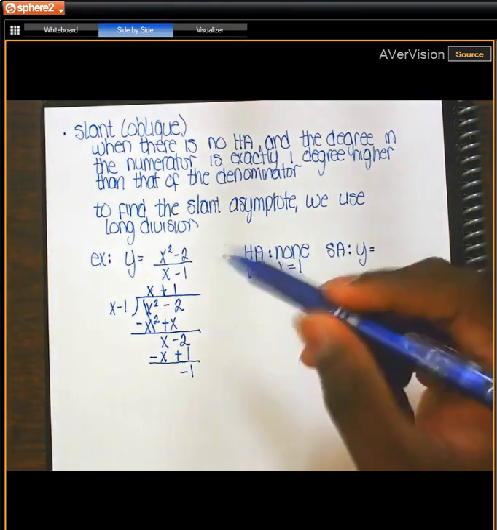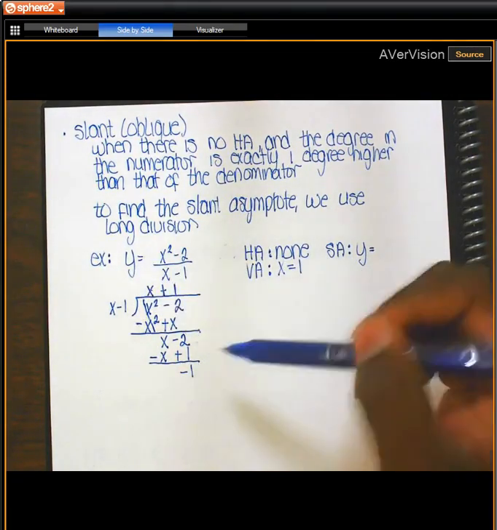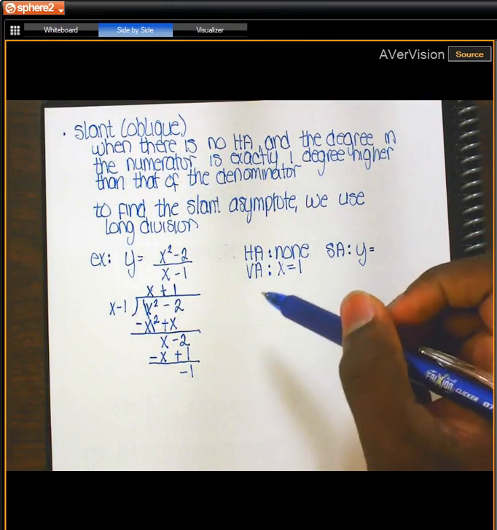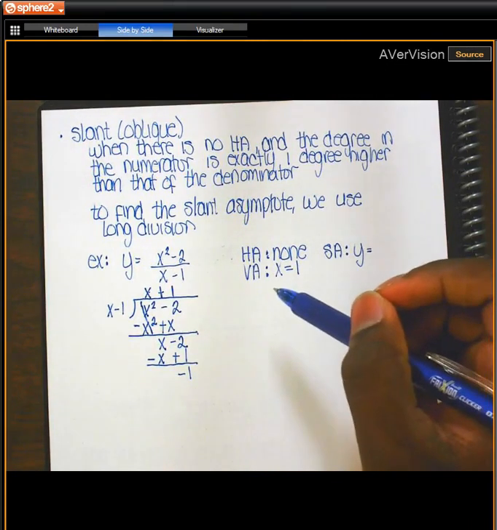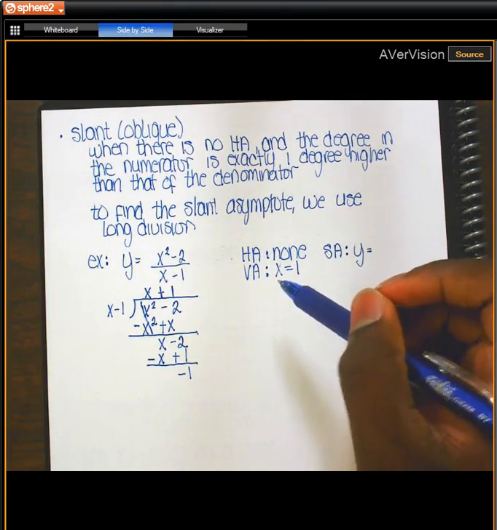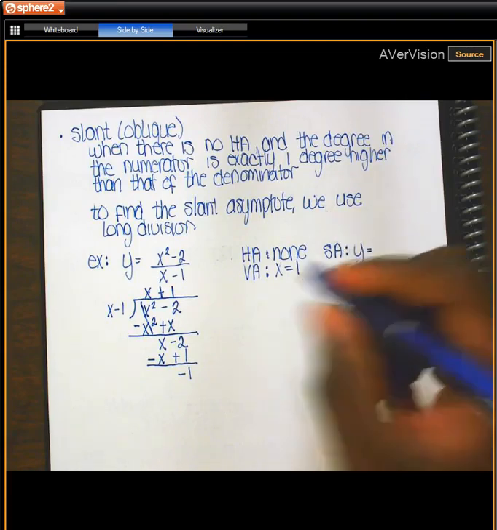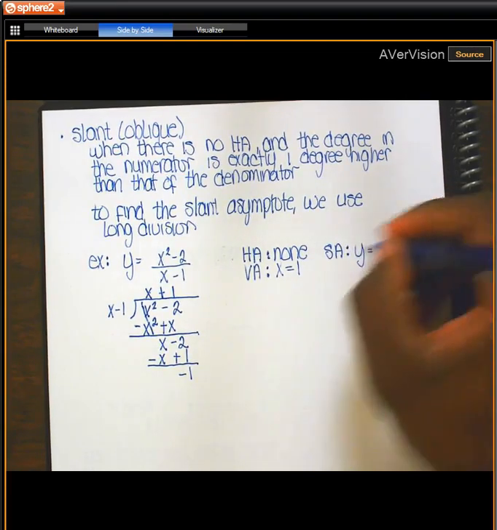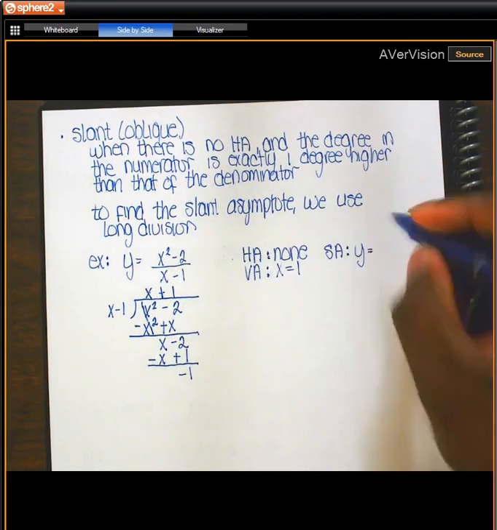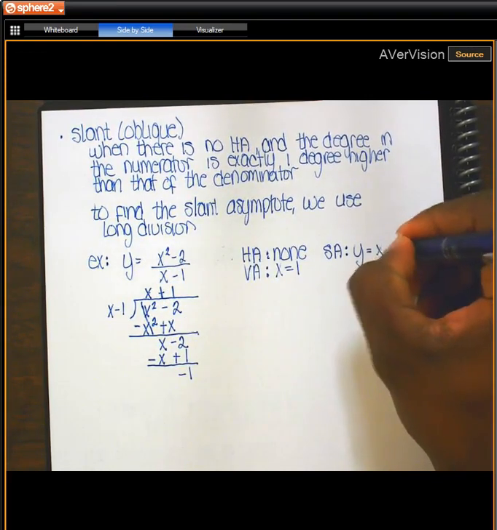Is there anything to multiply to x to get -1? No, so then our answer is x plus 1. That is our oblique asymptote.